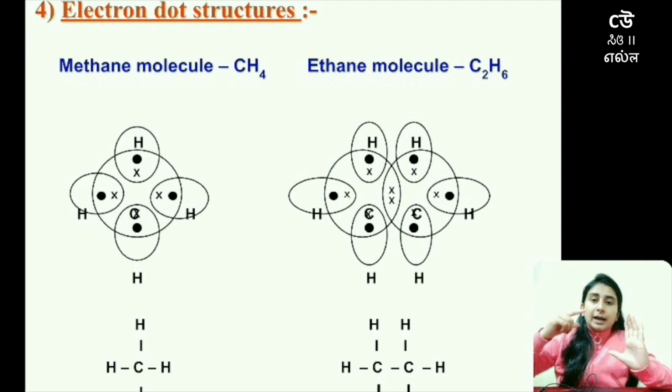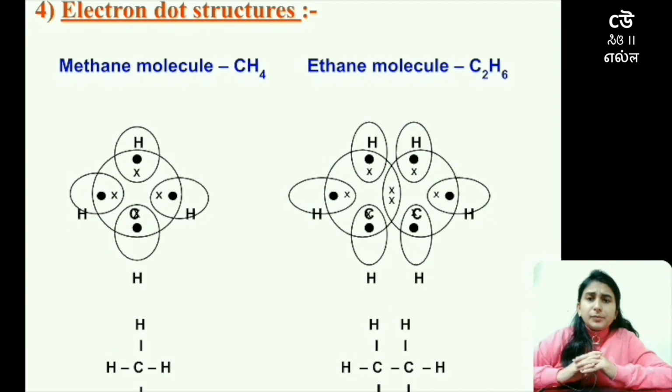So carbon के outer space में you can easily draw the 4 electrons or valence electrons, and then in case of hydrogen atom, there will be just one single electron, and they will be sharing electrons with the 2 carbon atom. So this is how you have to show electron dot structure, that how bonds are being formed between different elements which are there in a compound.